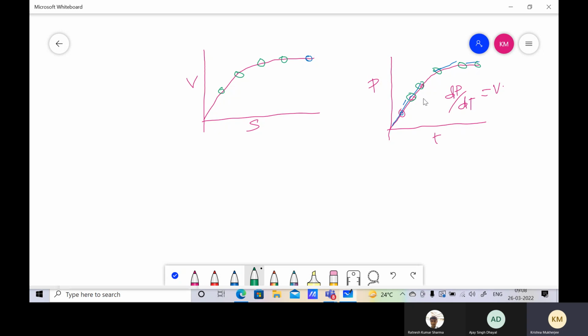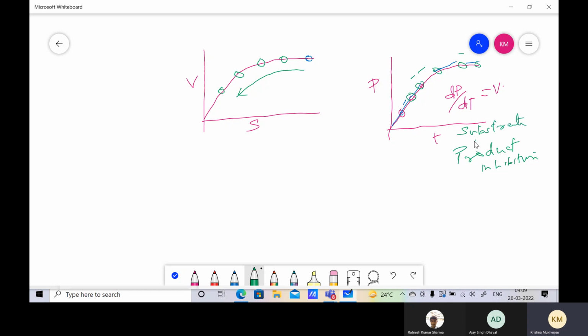Now, dP by dt may be falling because the substrate concentration is going down with time, and that is why this slope tends to decline. But it could also be declining because of product inhibition. Or it need not be due to substrate starvation, which is what we are pointing out.